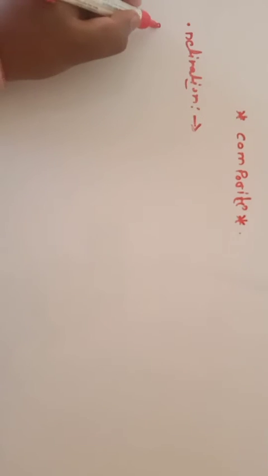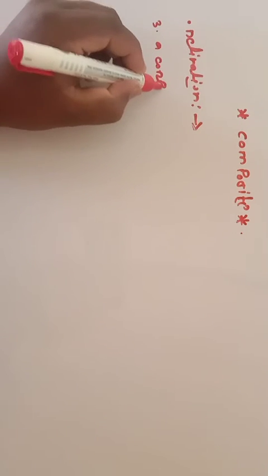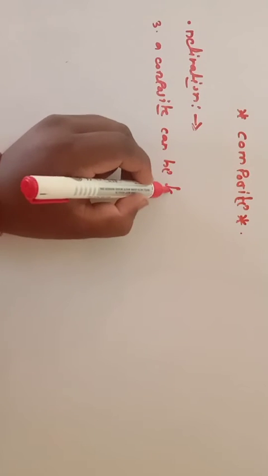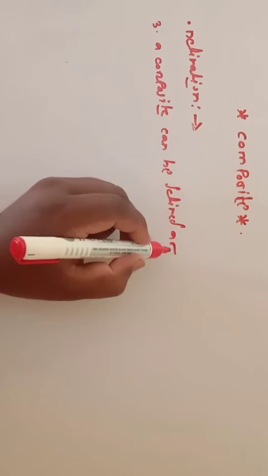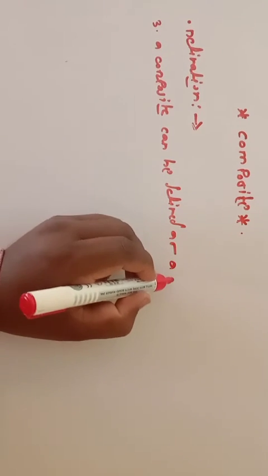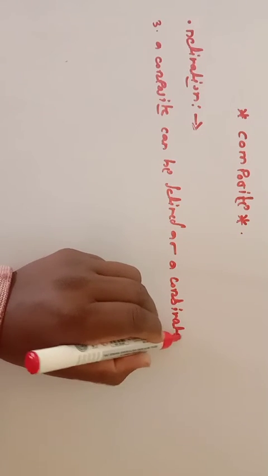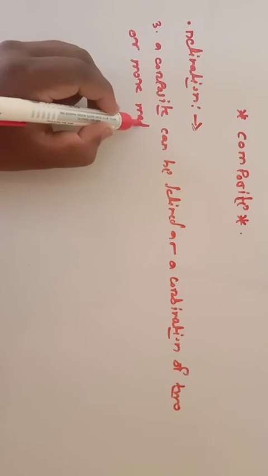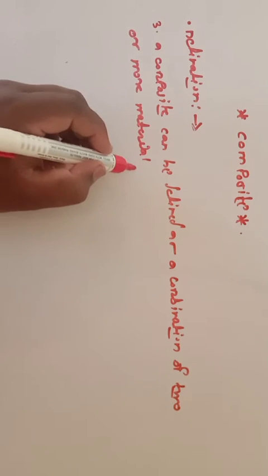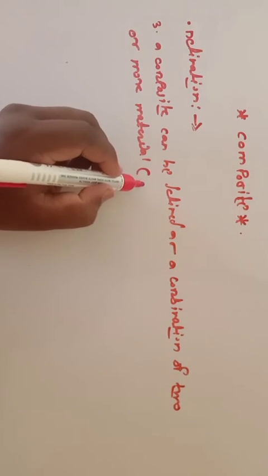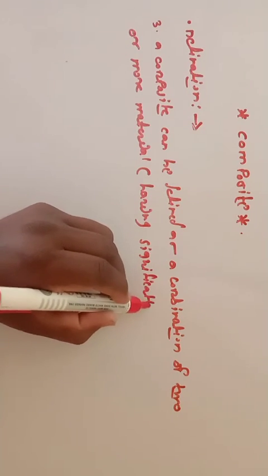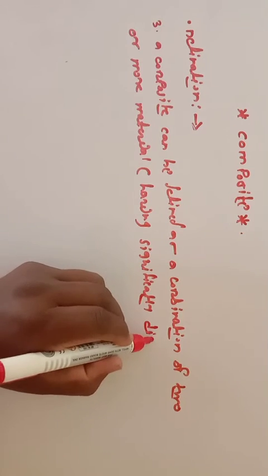A composite can be defined as a combination of two or more materials having significantly different physical and chemical properties.